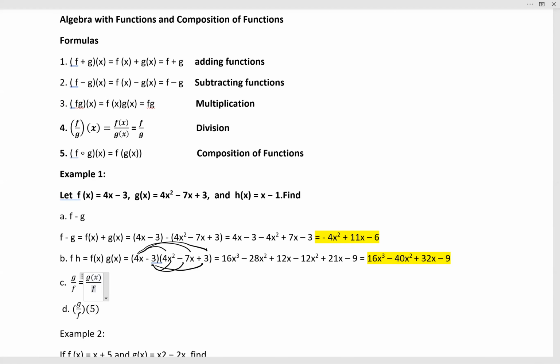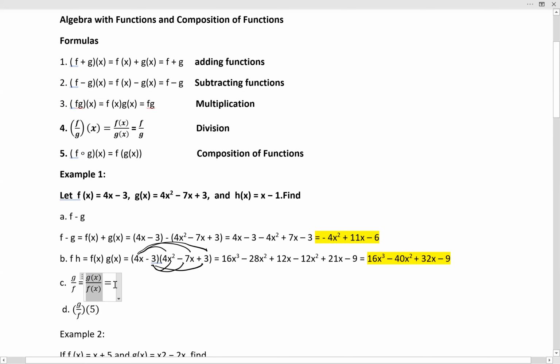Okay, so let's substitute that. What do we have? So g of x on the top, what is it going to be? G of x is 4. I'm going to have parentheses for x squared.